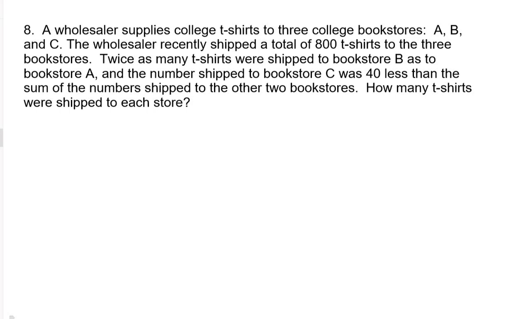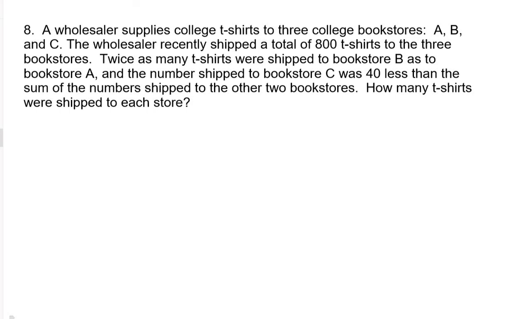Okay, problem number 8. A wholesaler supplies college T-shirts to 3 college bookstores, A, B, and C. And the wholesaler recently shipped a total of 800 T-shirts to 3 bookstores. Twice as many T-shirts were shipped to bookstore B as to bookstore A, and the number shipped to bookstore C was 40 less than the sum of the number shipped to the other 2 bookstores.